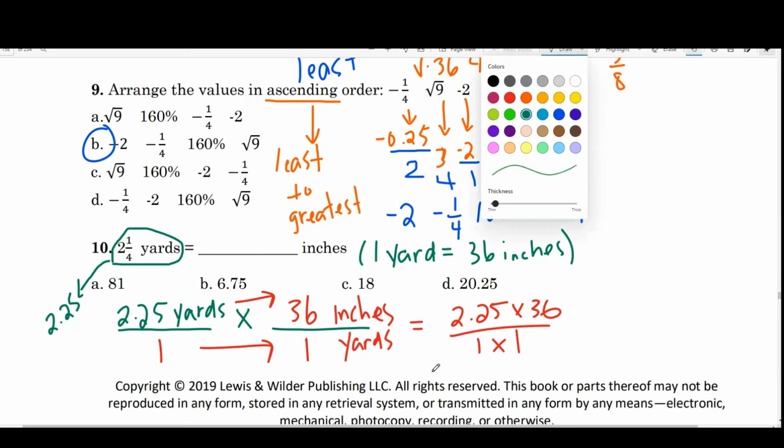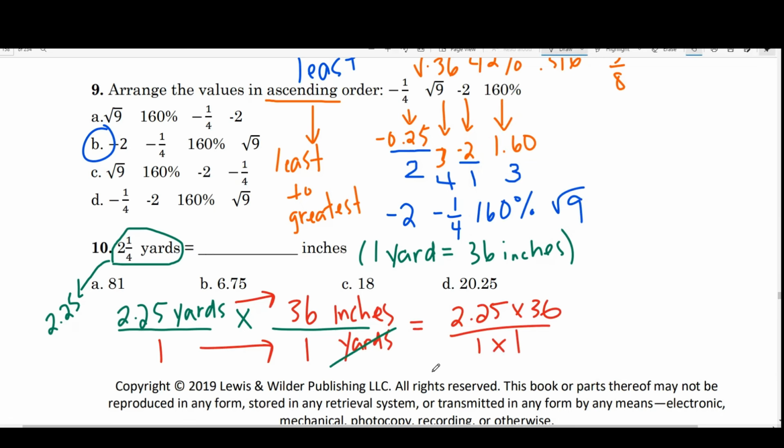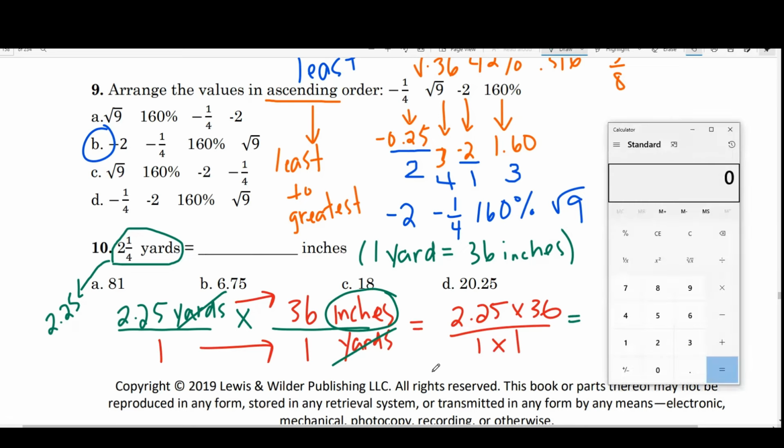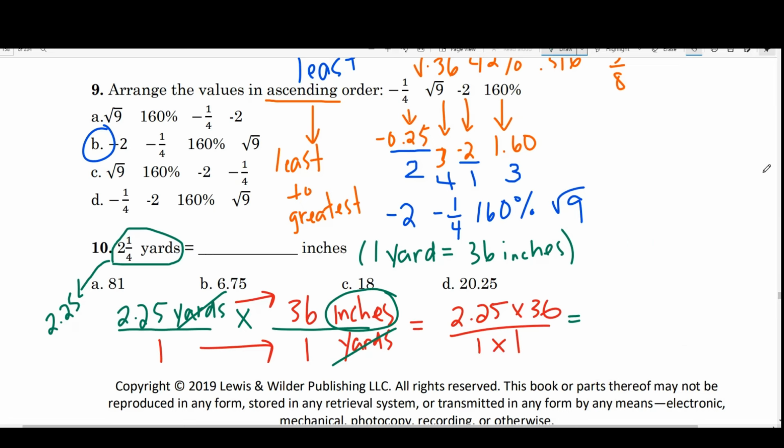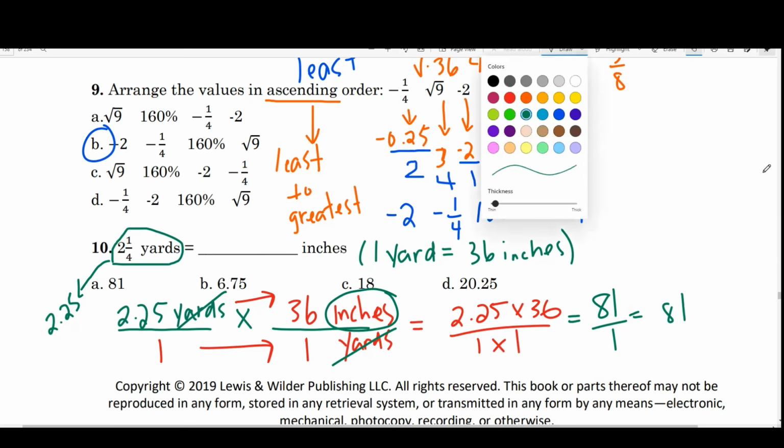And let me backtrack: don't forget that because these yards are diagonal from each other, they ended up canceling out, which leaves us with the inches, which is what you want because that's what we're converting to. So 2.25 times 36 is 81, and then 1 times 1 is 1. 81 divided by 1 is 81. All right, so the answer is A.